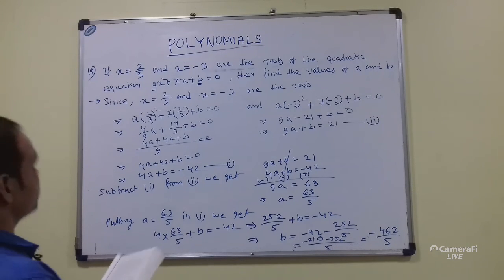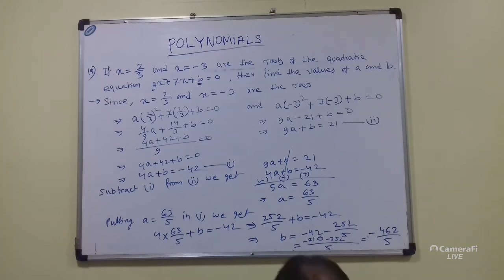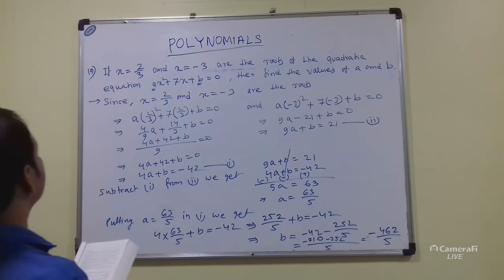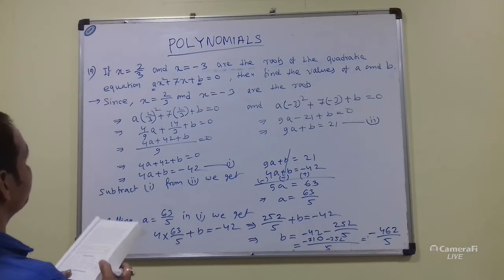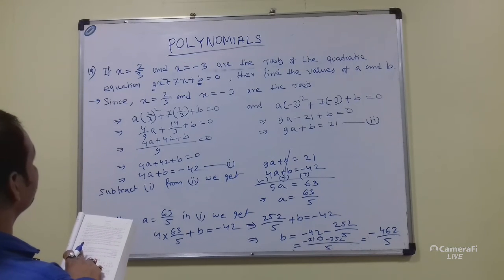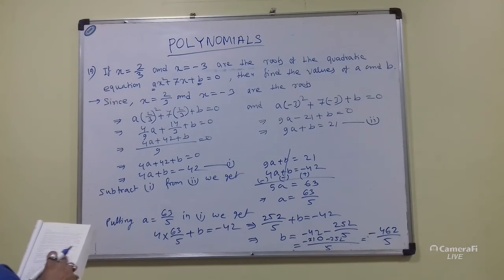I think students, there may be some mistake. Okay, let me check because the answer is very odd. So let me check where is the mistake. So the question is x is equal to 2 by 3 and minus 3, ax square plus 7x plus b.